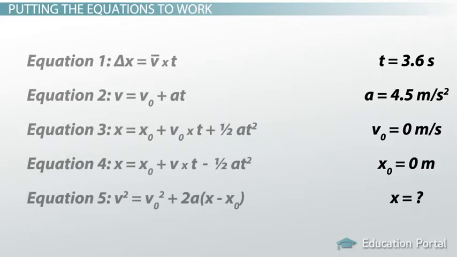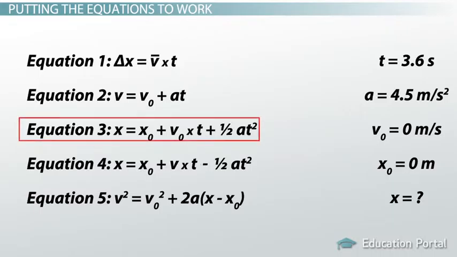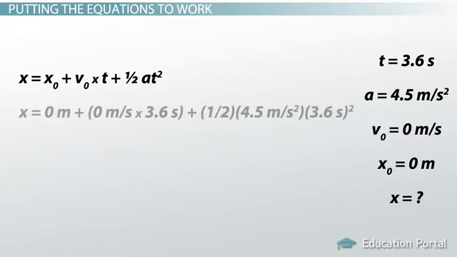Now, look at the big 5 equations. Only one will have exactly these 5 variables. In this case, we need equation 3. Now, start filling in the blanks and calculate the answer. X equals x sub 0 plus v sub 0 times t plus 1/2 times a times t squared. So x equals 0 meters plus 0 meters per second times 3.6 seconds plus 1/2 times 4.5 meters per second squared times 3.6 seconds squared.